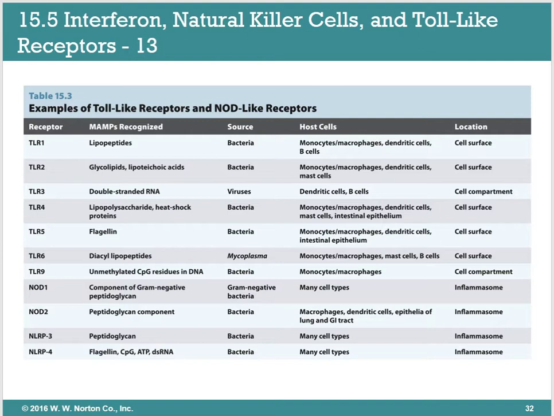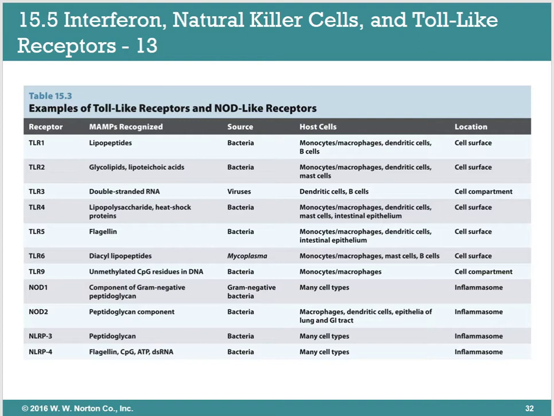From this table, I want you to recognize that TLR4 specifically recognizes polysaccharides, so it recognizes bacteria, because some bacteria have lipopolysaccharides in their cell membrane. I want you to go back and look up which type, gram positive or gram negative, has more lipopolysaccharides in its cellular membrane, because that might be a test question, guys.